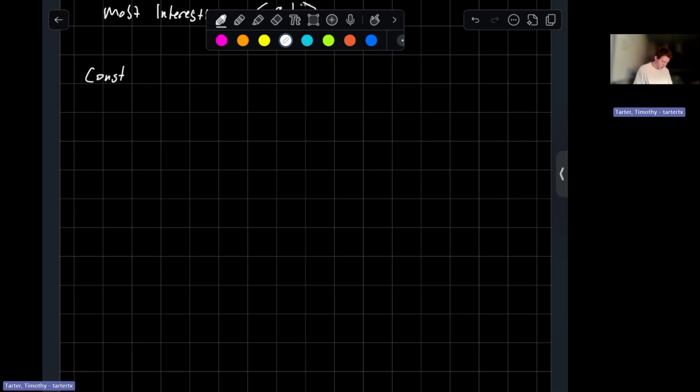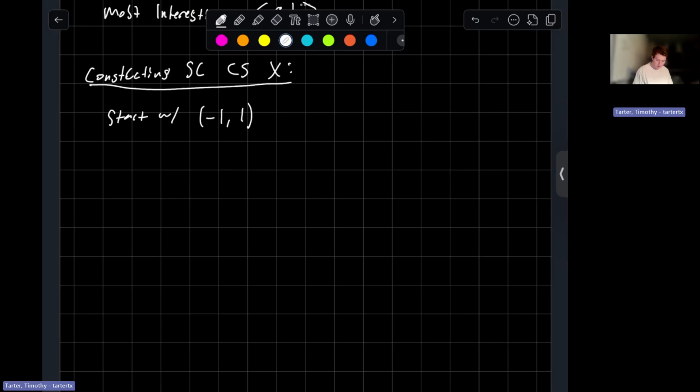Constructing a simply connected covering space of X. Start with the open interval -1 to 1, and let lambda be in 0 to 1/2.